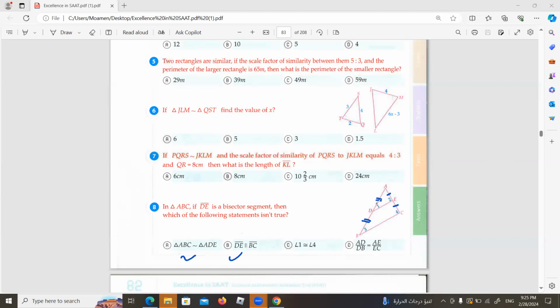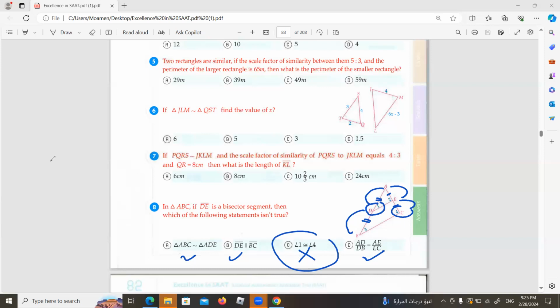From where? I think this is not right. AD over DB equals AE over EC. So this is right also. So the answer will be letter C.